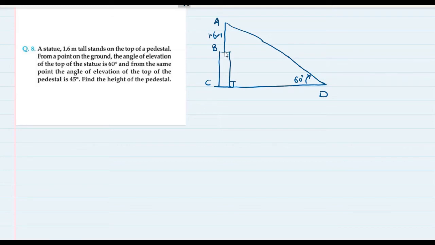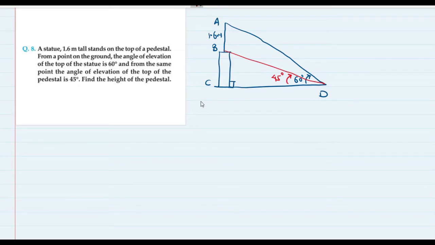So if you connect this point with this point, let me make a proper line with another color. Here the angle of elevation is 45 degrees. Find the height of the pedestal. Height of the pedestal is BC. You have to find BC.